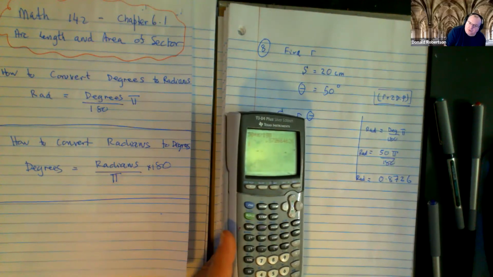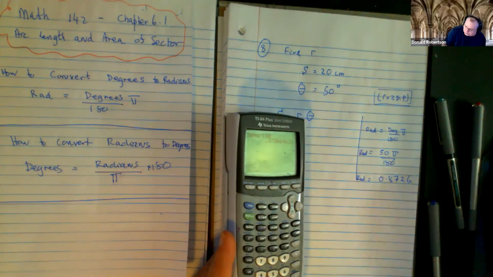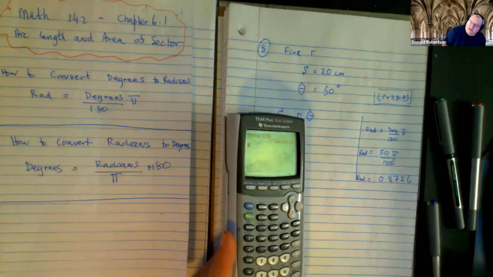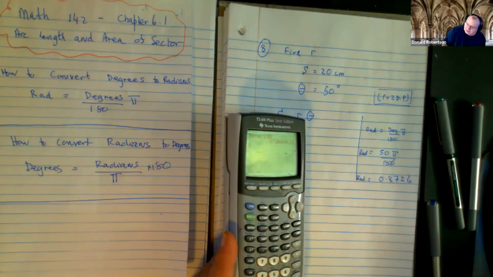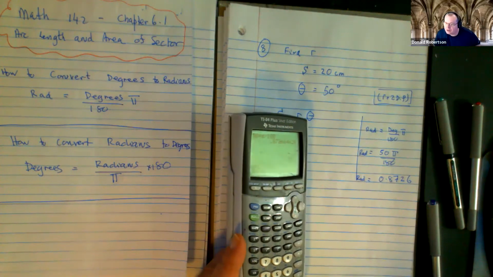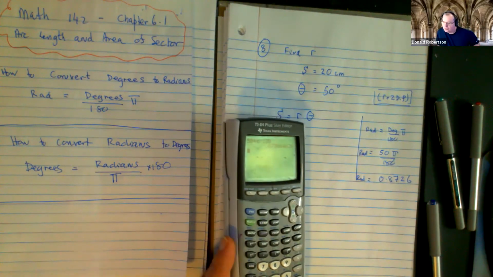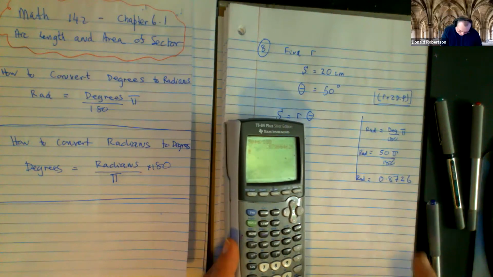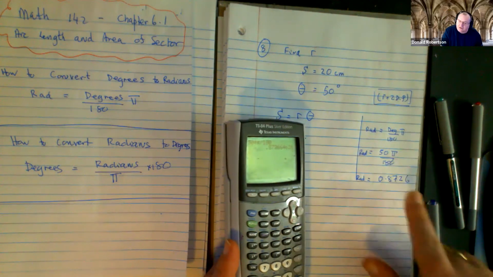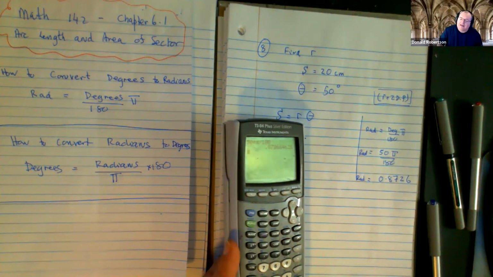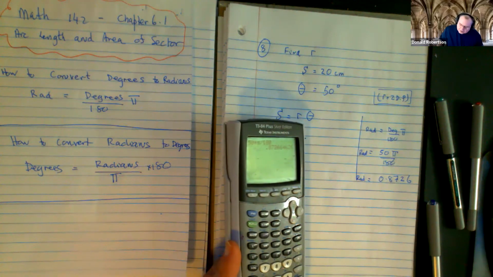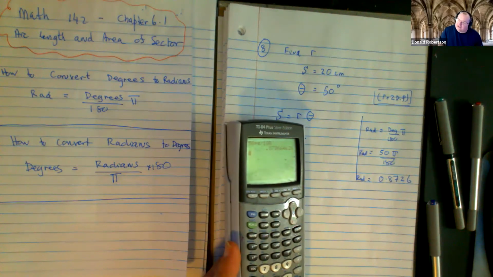Suppose the right answer was 1.23, right? And you got 1.21. You're only 0.02 out. Won't WebAssign say you're wrong because it wasn't 1.23? And the reason for that was that you rounded off here. So the rule of the game is, if they want you to do something to say 3 decimal places, do all your other calculations to at least 5 and only round off the final answer to 3 decimal places.